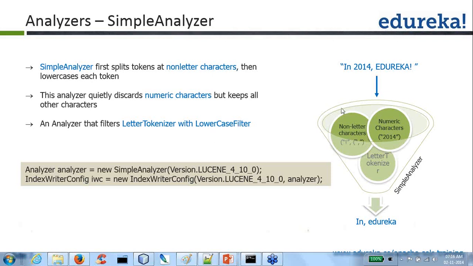It just uses one tokenizer, which is a letter tokenizer, with a lowercase filter. That's it. So even if you have any year or any numeric text, all of it will be ignored. If you have any use case where you only have to retain the character stream and ignore all the numeric data in your index or in your documents, the simple analyzer is the best choice for those use cases.